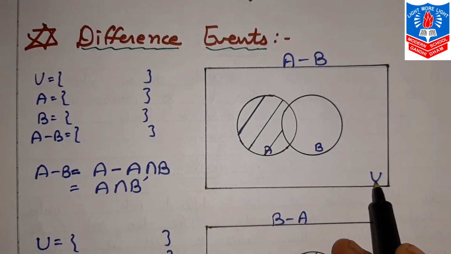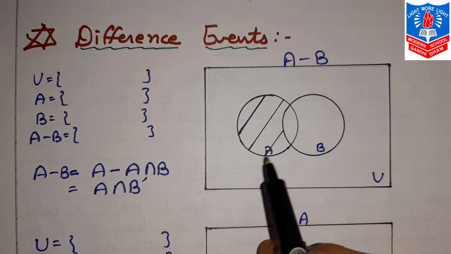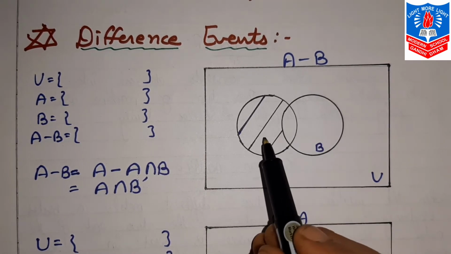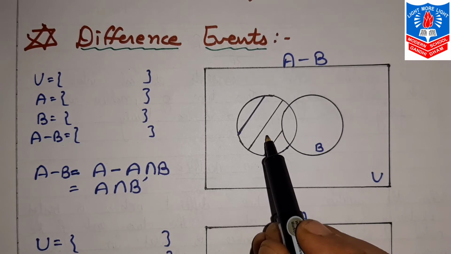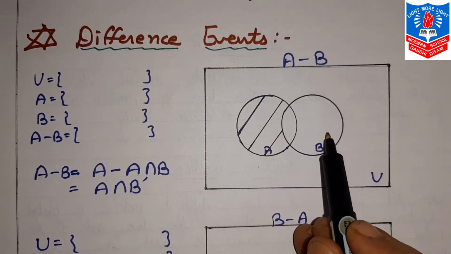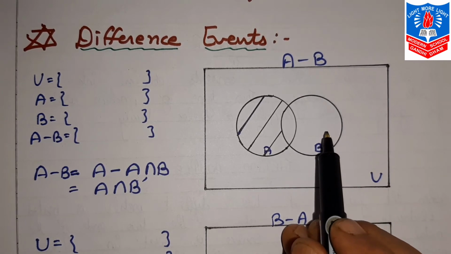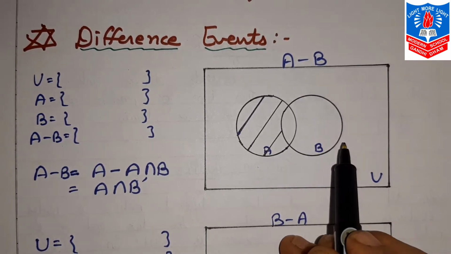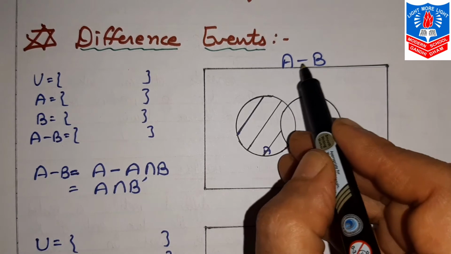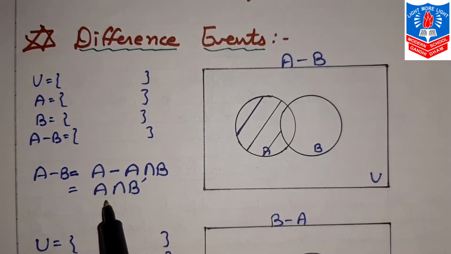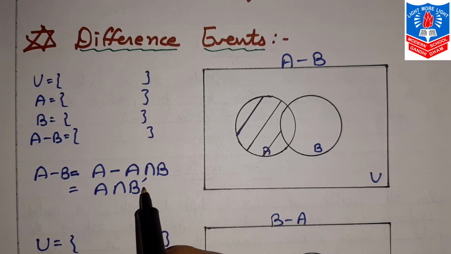If U is a finite sample space and A and B are two subsets, then the set of elements which are in A but not in B is said to be the difference event of A, which is denoted by A dash B, or another name for this is A intersection B dash.